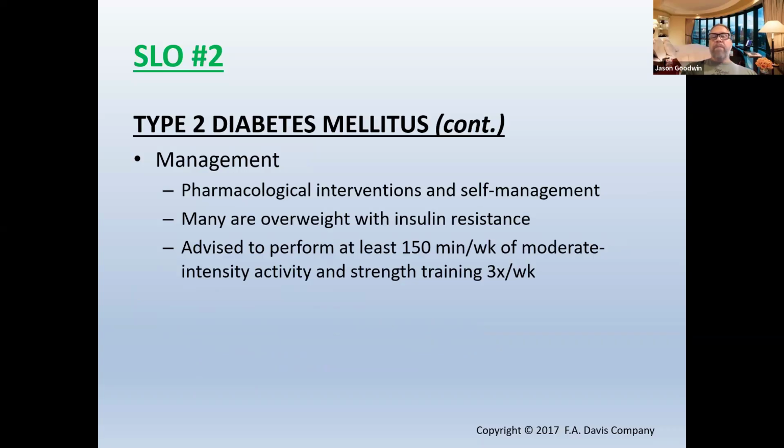So management, what do we do? Well, we have oral medications that increase the production of insulin. They lower insulin resistance and slow the absorption of carbs. Management of both type 1 and type 2 requires the individual commitment to lifestyle. So even if you have type 1 and you're taking external insulin, you're still going to have to manage that very closely with your blood sugar, right?